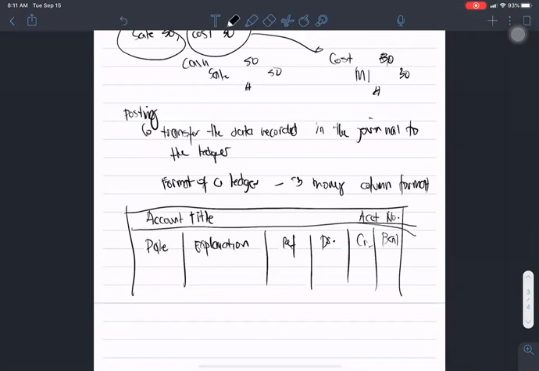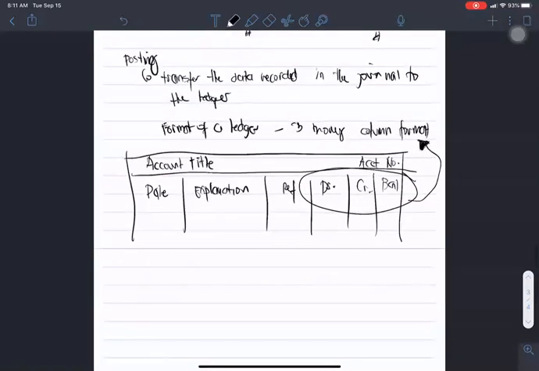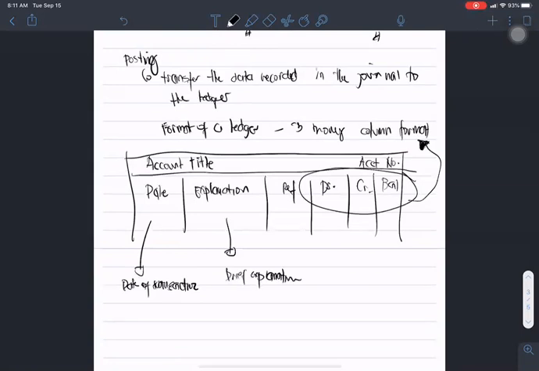Because we have here your debit, your credit, and your balance. Of course, on the date, you place here the date of the transaction. On the explanation part, you just provide a brief explanation.